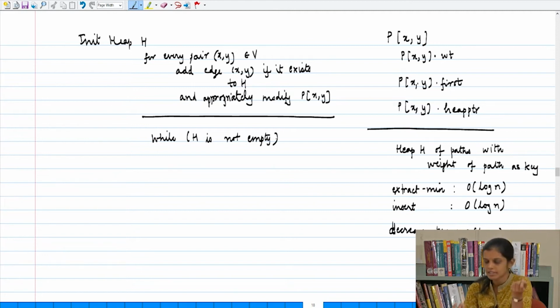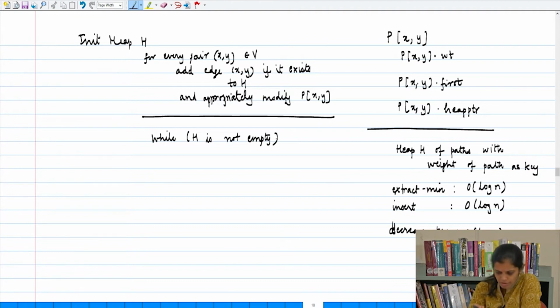So while H is not empty, you should pull out the first path from the heap. In our case, what will be the first path that we extract? It is in fact our selected edge, which we all agreed is going to be in E star, an optimal edge. So the first time we extract an edge, we actually extract an optimal path.